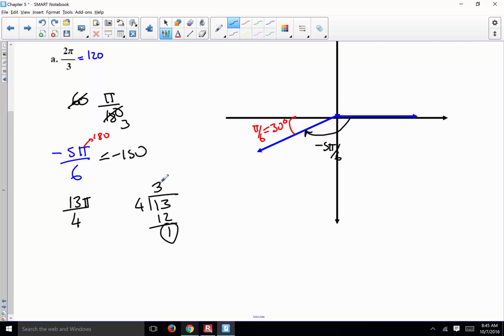So this is 3 pi, look, quotient is 3 pi, and then 1 pi over 4 left. It's 3 whole pies, you put pi next to it, and leftover is 1 over 4.